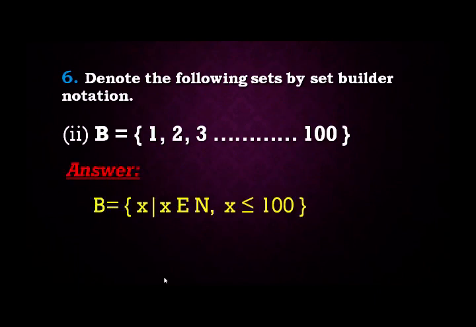We will use any letter, x such that x belongs to natural numbers and x is less than or equal to 100. This means these are the natural numbers which are at most 100, or can be less than 100. So this is in set builder notation.